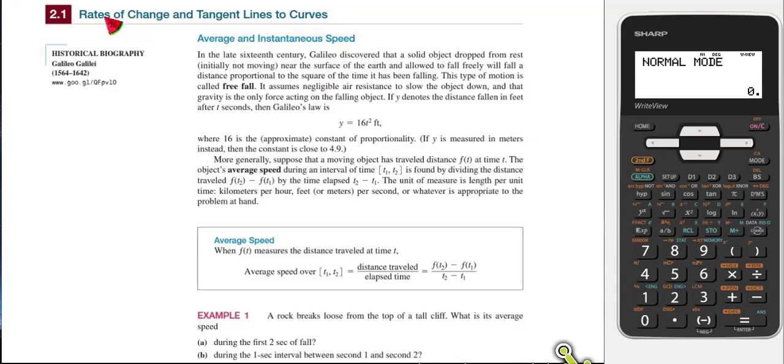So here we go. What we need to understand here is basically two words. One of them is average, and the other is instantaneous. Now, for the average, they must give you 2 points.